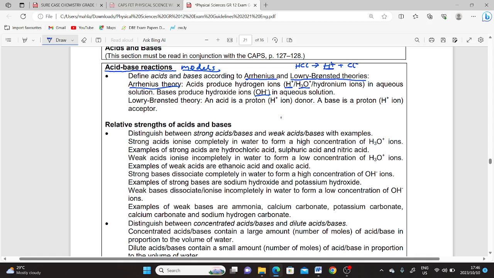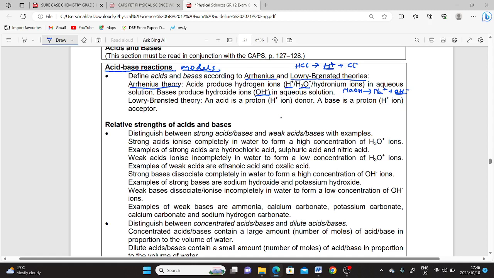So if we have NaOH, when it gets into the water, it must ionize first to be Na plus and OH minus. Because of OH minus in the product, this is a base because of hydroxide ions.